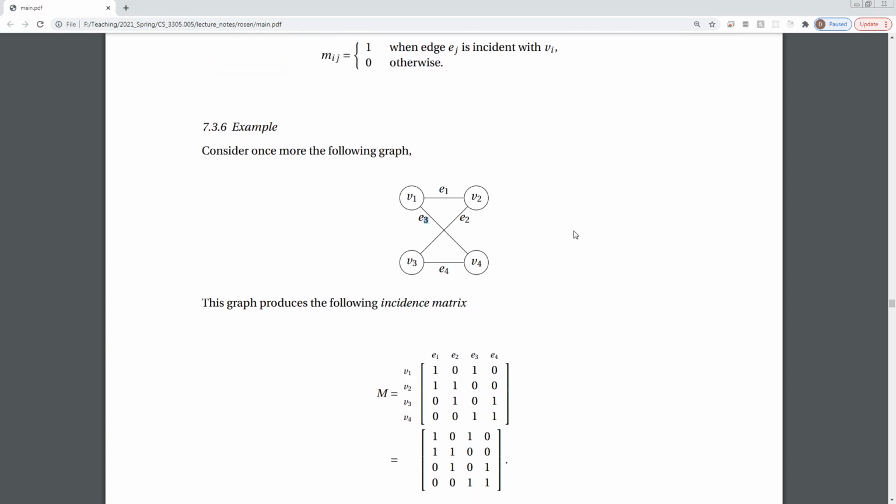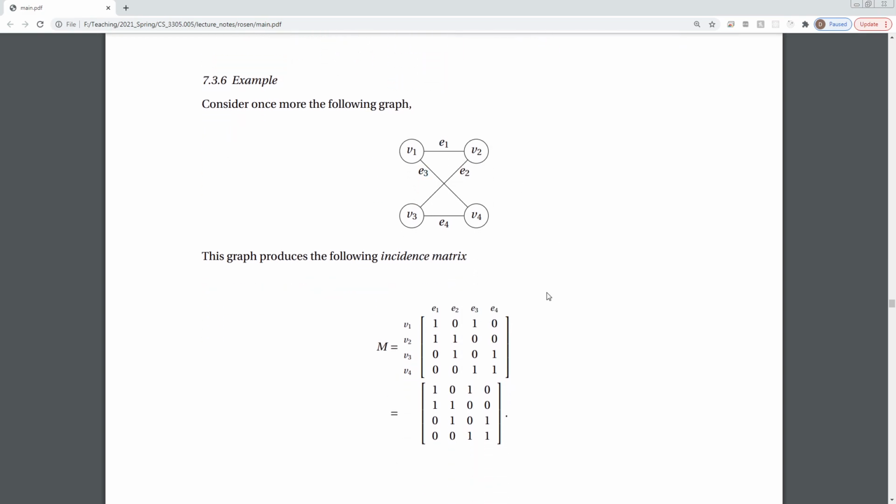I tend to prefer adjacency matrices, but I will enforce that you understand both of these concepts. So consider this graph, with vertices v1, v2, v3, v4, and four edges, e1, e2, e3, and e4. Then it produces this incidence matrix.